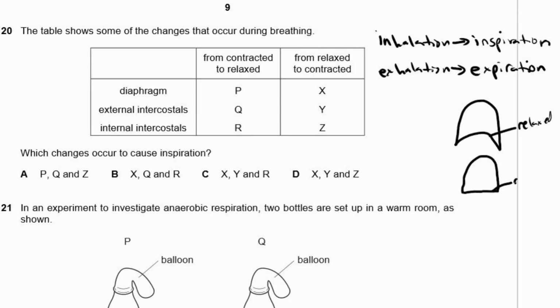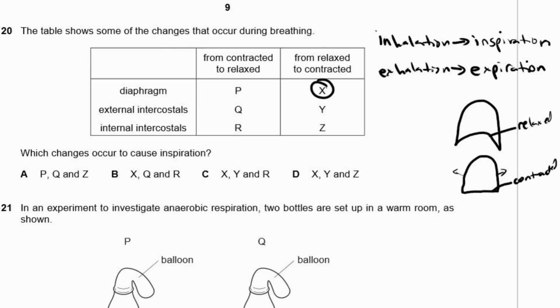Okay, this is contracted, which means that this airspace in the pleural cavity gets bigger. And the ribs get pulled out as well, so it does get to be a wider space. So for the diaphragm, in order to breathe in, you want it contracted. So from relaxed to contracted.